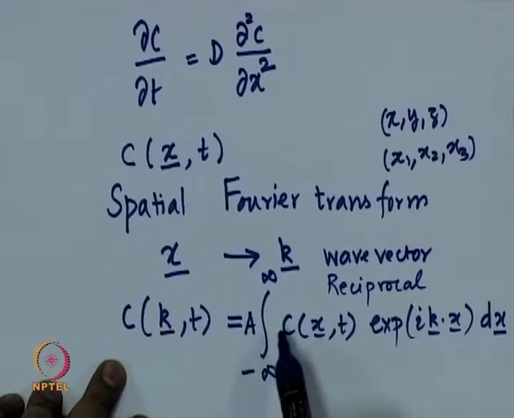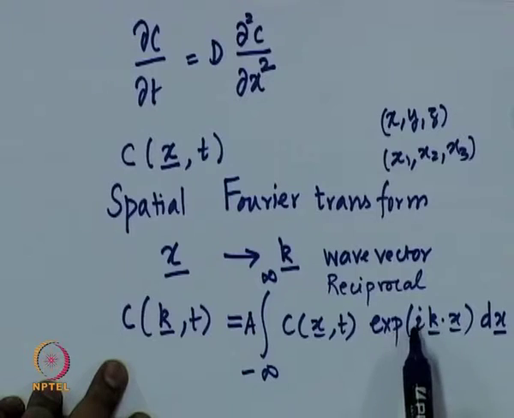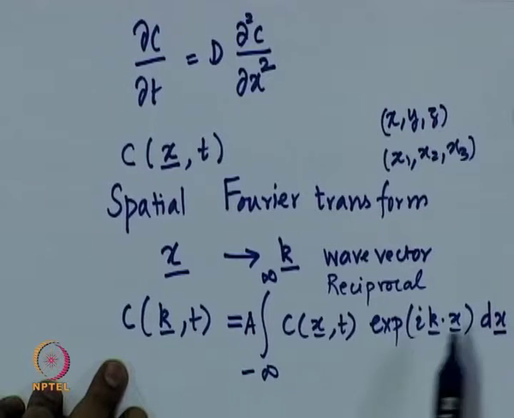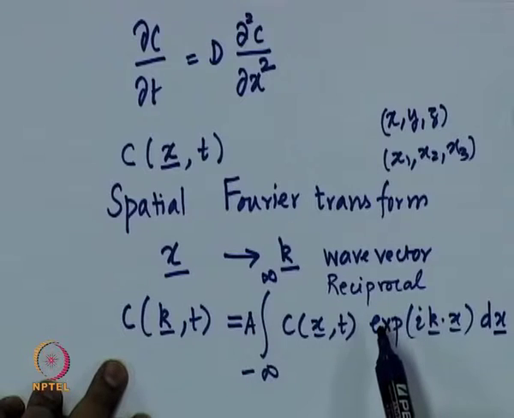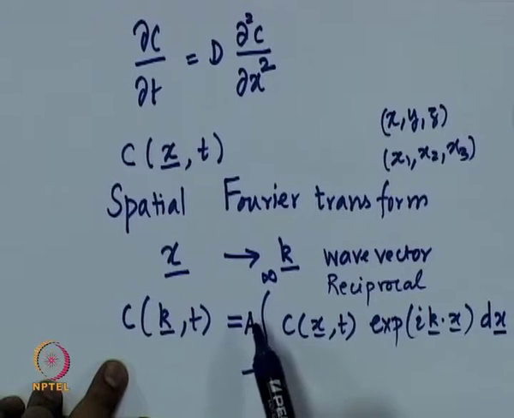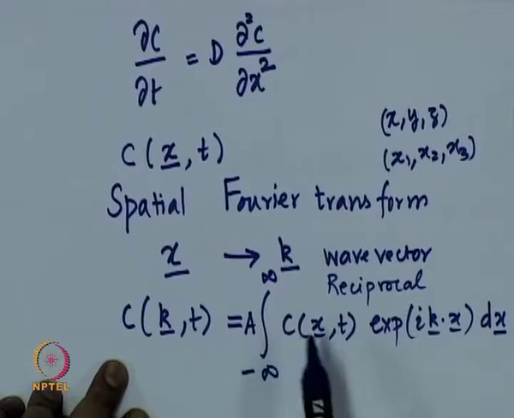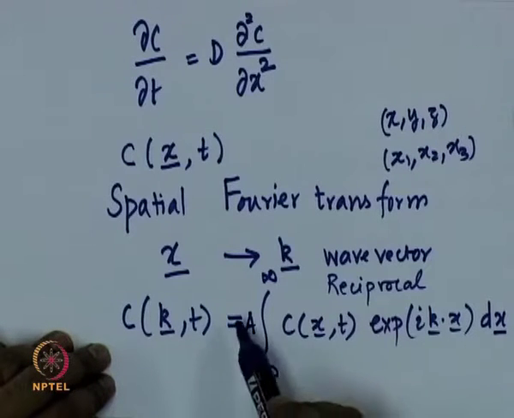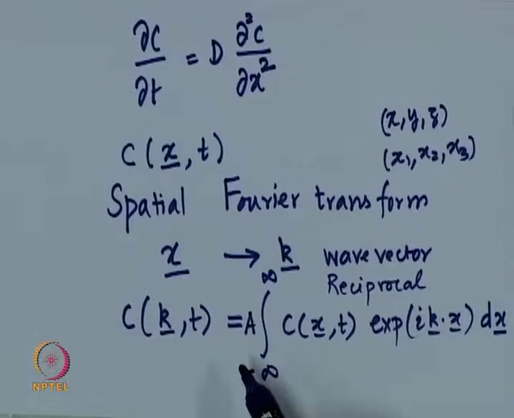Some introduce it only in the reciprocal or the inverse Fourier transform, where you take this and multiply by exponential minus i k dot x and then integrate it over dk. That is, you do this in the reciprocal space. So some do it in that fashion. Some do it symmetrically in both the forward and inverse Fourier transform by putting 1 by root 2 pi. Generally sometimes people prefer 1 by root 2 pi in both, because that is symmetric and you do not have to remember which way the constant is kept.